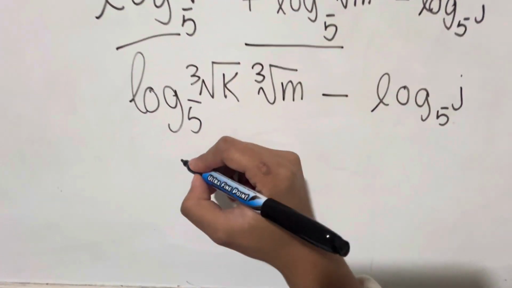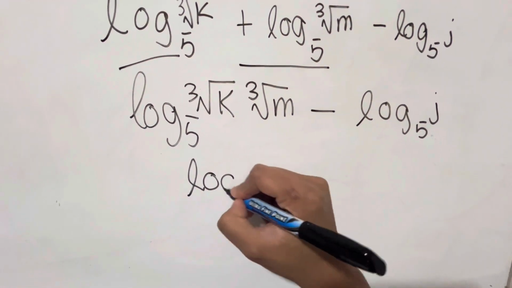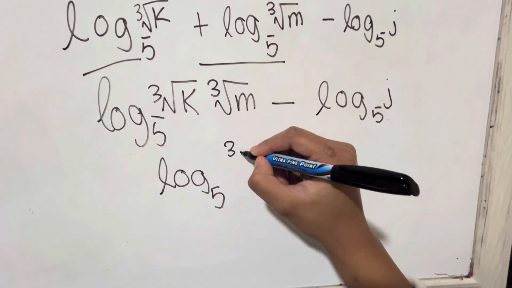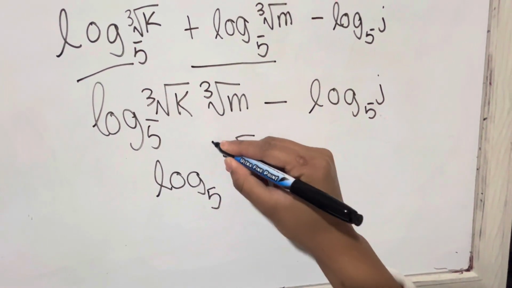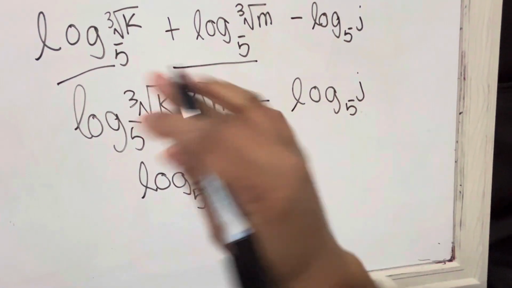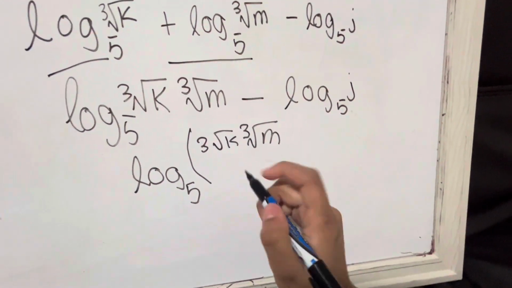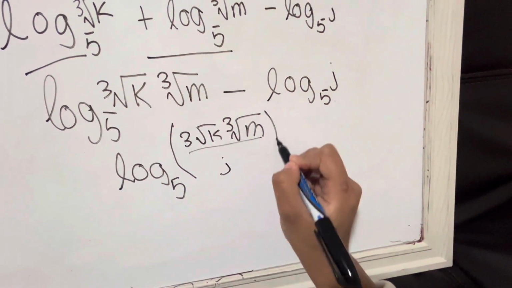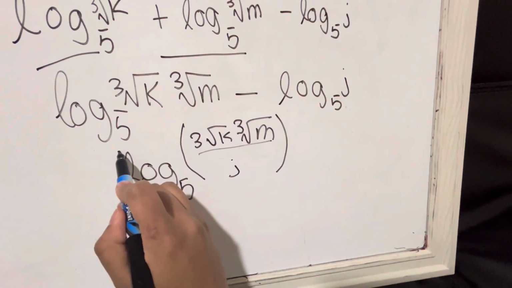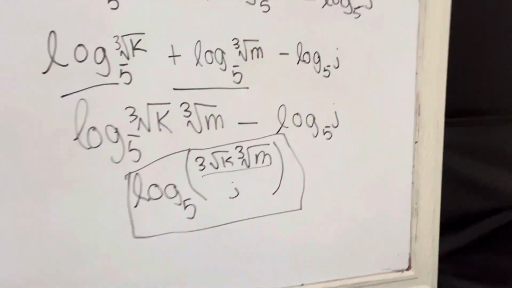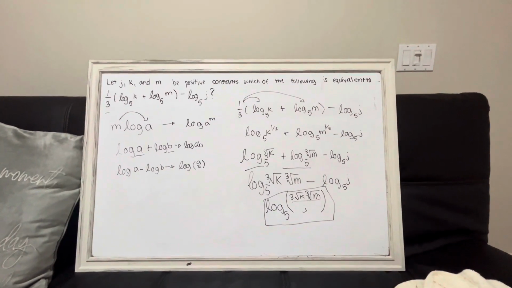So this will look like log base 5, parentheses, cube root k, cube root m, again over j. And that is your answer.